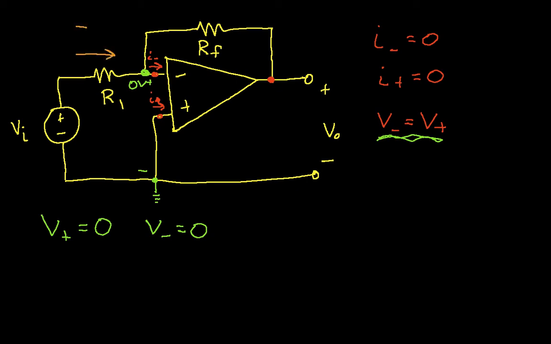That allows us to fairly easily compute the currents that flow through R1 and RF. If I call this I1, the current that flows through R1 will be equal to this input voltage, VI, divided by R1. The reason for that is the voltage at this point is 0 volts, so the voltage across R1 is just the same as VI. So that gives us I1.